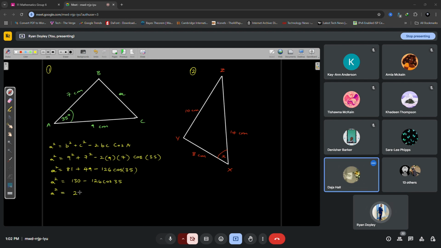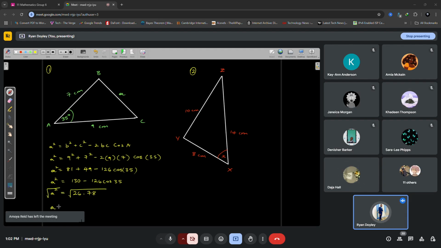Say it's what, 26.78. Alright, so we need to take the square root of both sides, which a would be equal to 5.176. So that's 5.18. Alright, very good.